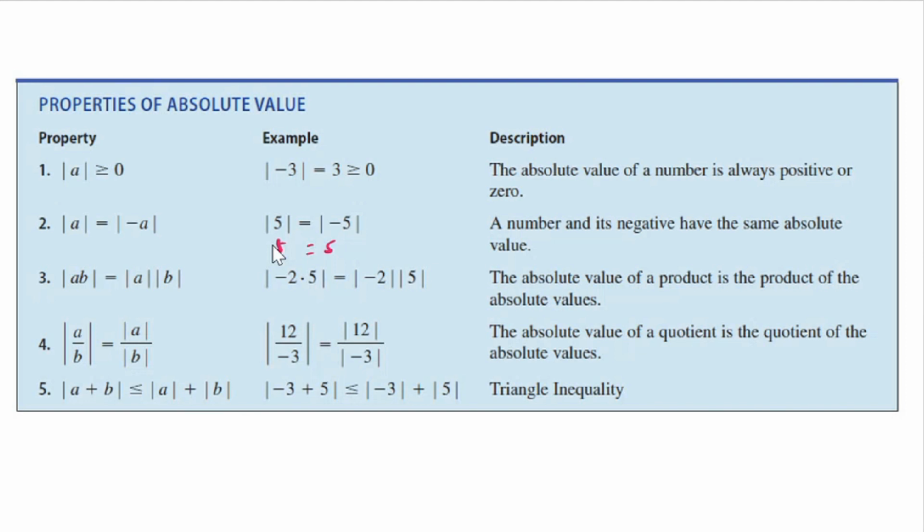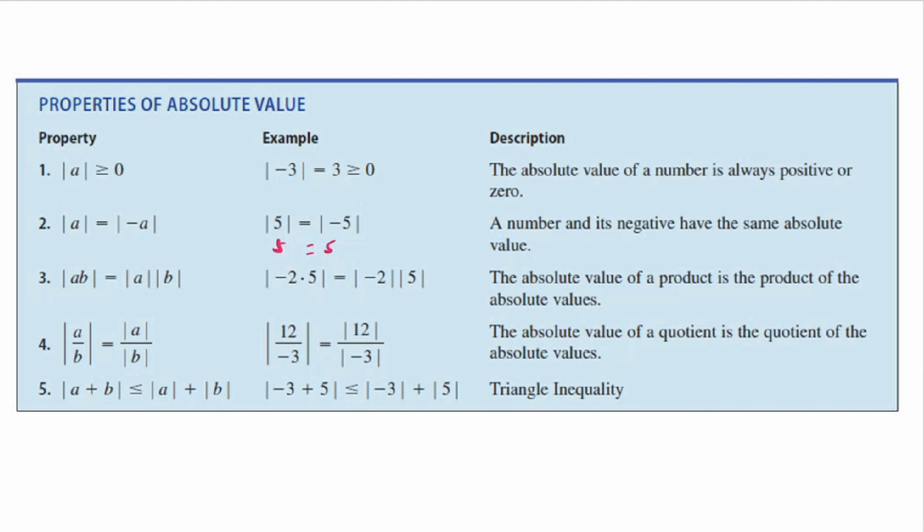That's why in property number 2 they are equal. Then the absolute value of AB is equal to the absolute value of A times the absolute value of B. The absolute value of a product is the product of the absolute values. To illustrate, using this example, the absolute value of negative 2 times 5 can be written as the absolute value of negative 2 times the absolute value of 5.